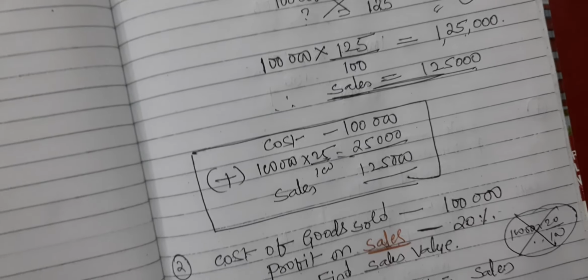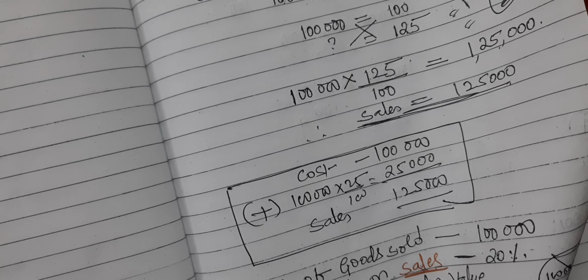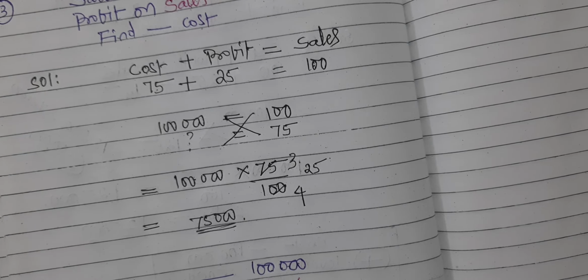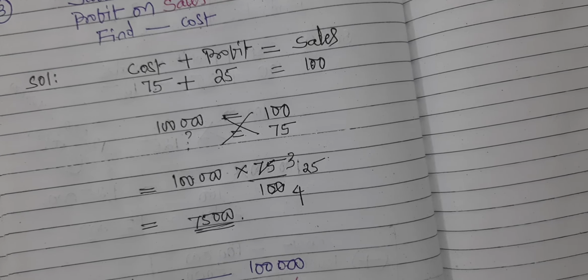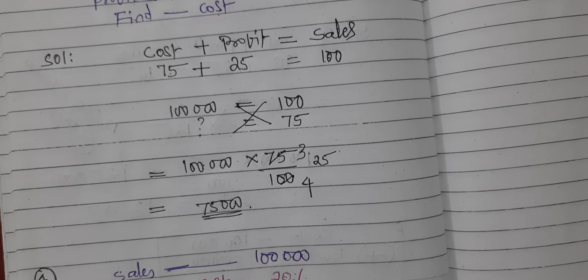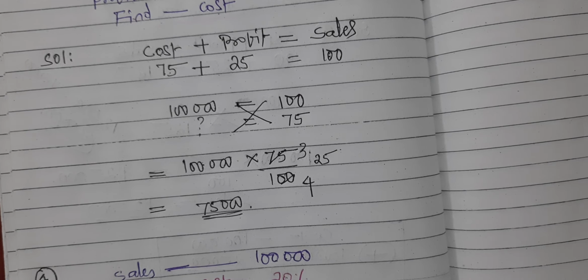So repeatedly practice problems, then you will understand this topic very clearly. In the final account, for example, they give you cost of goods sold and ask you to calculate the gross profit or the sales, or they give you sales and ask you to calculate the cost of goods sold. Sometimes closing stock may be a missing figure, sometimes sales may be a missing figure.